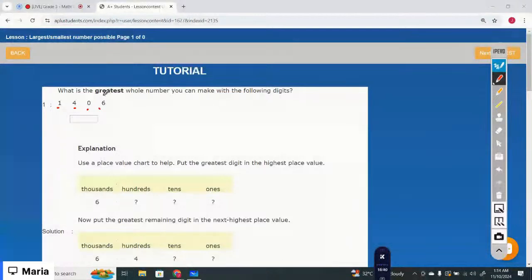a four-digit number. Start with the greatest number and write it at the greatest place value, right? Because a four-digit number has ones, tens, hundreds, and thousands, and 6 is at the thousands position. You are left with 1, 4, and 0. So the next number after 6 is 4.